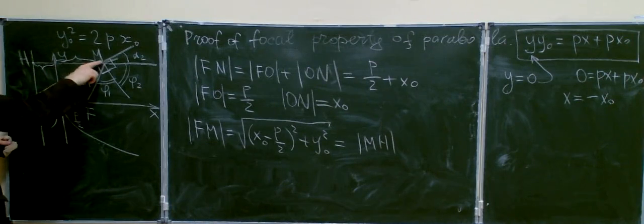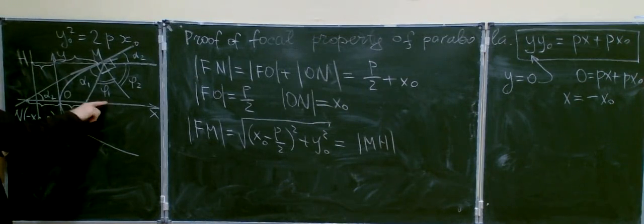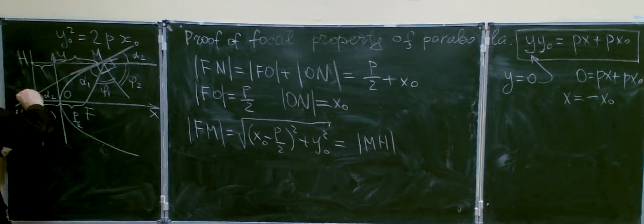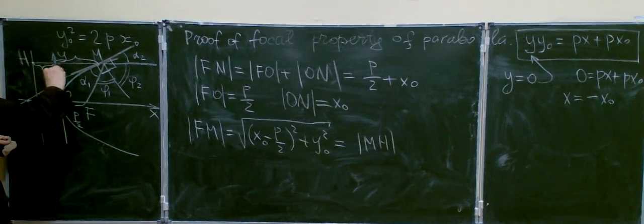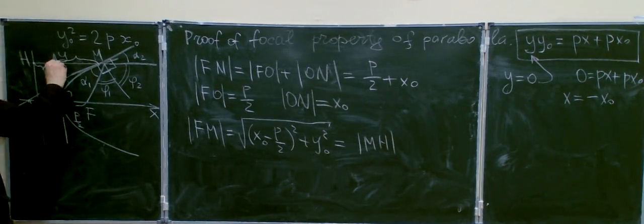The distance from M to the coordinate axis is equal to the x coordinate of M. So let's denote this point, for example, through Q.